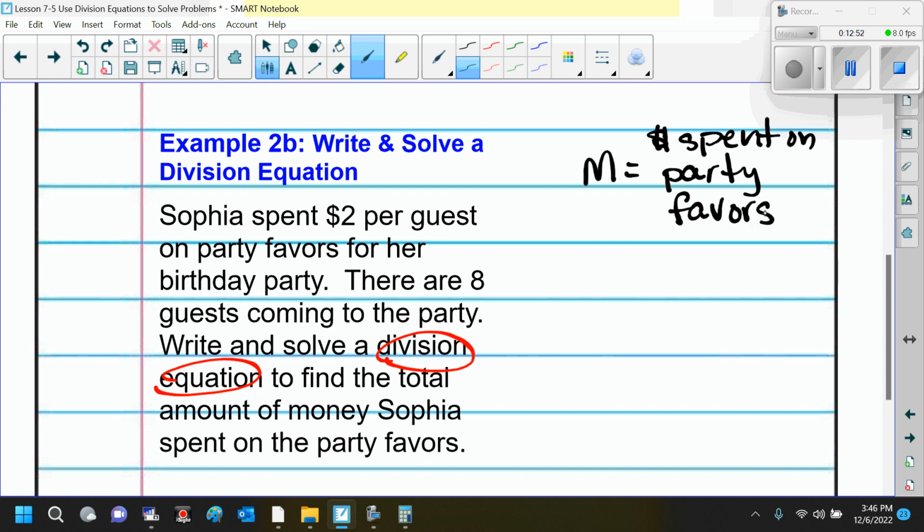Okay. Now, that's the total amount, the total amount of money spent on party favors. Okay? Now, we know that there are 8 guests coming to the party. So this is the total amount spent on the guests.